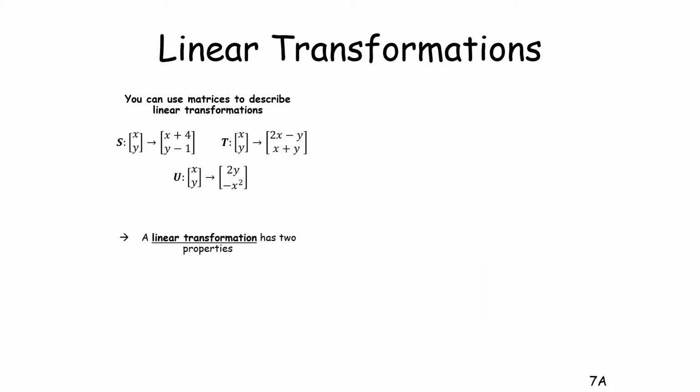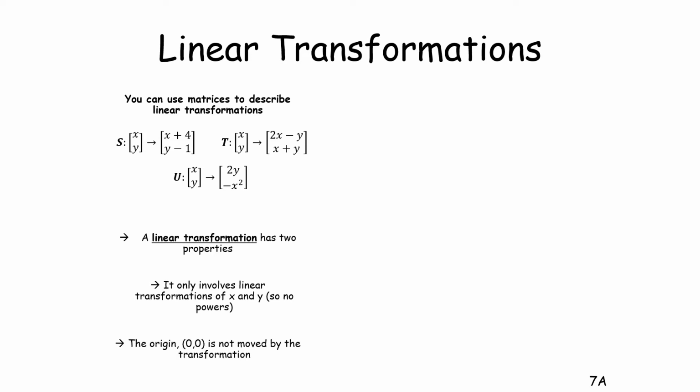A linear transformation has 2 properties. It only involves a linear transformations of x and y, so no powers. The origin is not moved by the transformation. So only S involves a linear transformation, the origin is not moved.